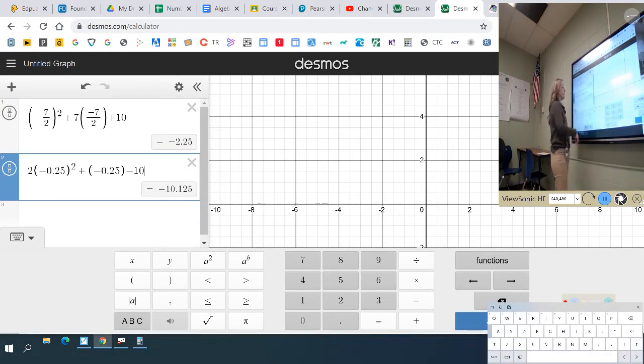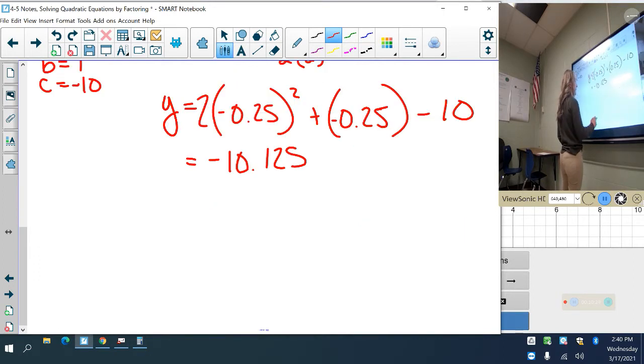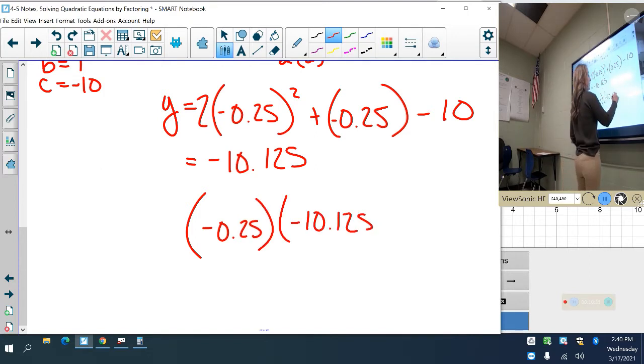And it's negative 10.125. So if that's easier, instead of using a fraction, you can do that as well. So I'm going to go ahead and get negative 10.125, and that is my vertex. So I have negative 0.25 and negative 10.125.